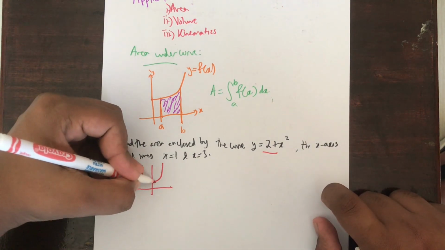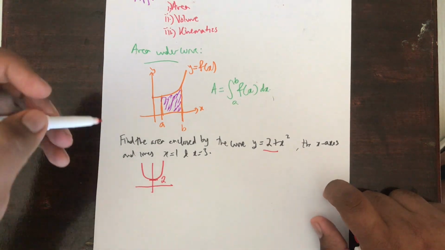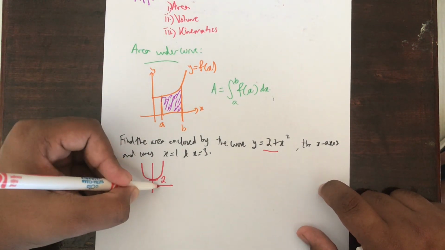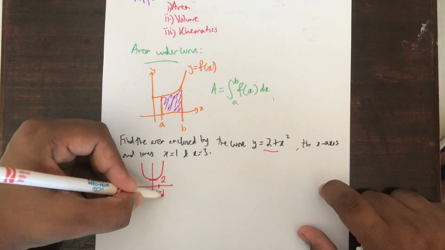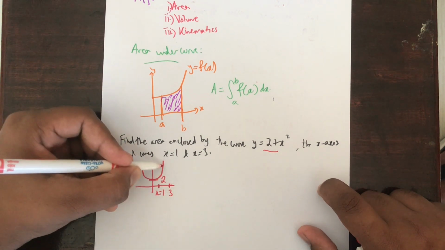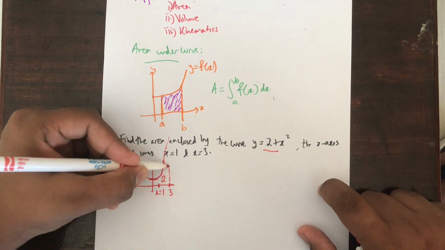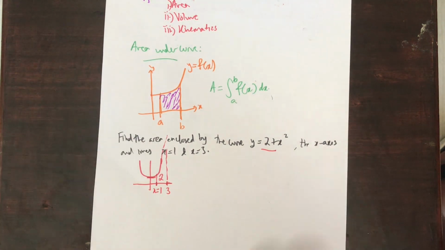Sketching the curve y equal to 2 plus x squared would give you something like this. This is the point 2, the y-intercept, and your value of x equal to 1 is here and your value of x equal to 3 is over here. If I were to just continue this curve, we are finding the area of this region, which I'm just going to shade right now.